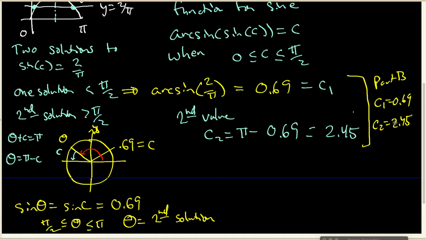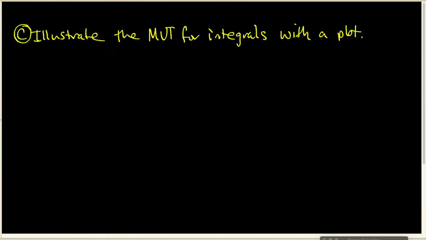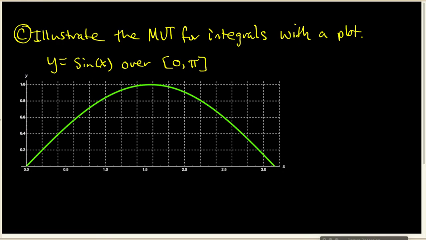Now, how do we illustrate those things? So let's look at the third part. Well, the first thing is we need to have a good graph. And I've actually taken the chance to graph this on graph paper. So it's worth graphing this nicely on graph paper.